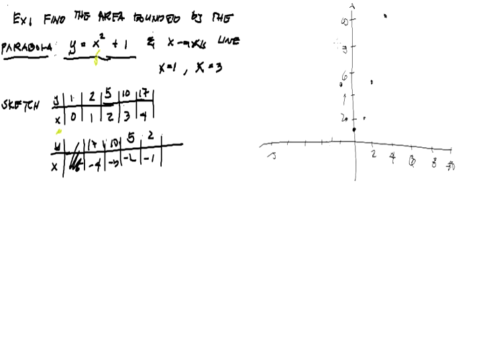Negative 3 we have 10. And negative 4 we have 17. So I think our parabola looks like this.